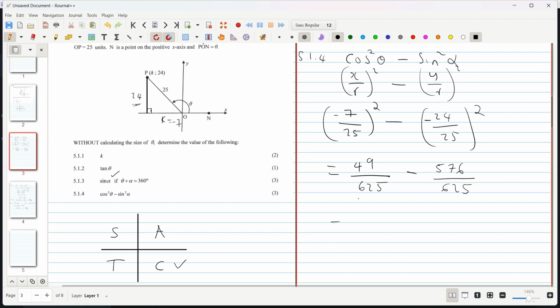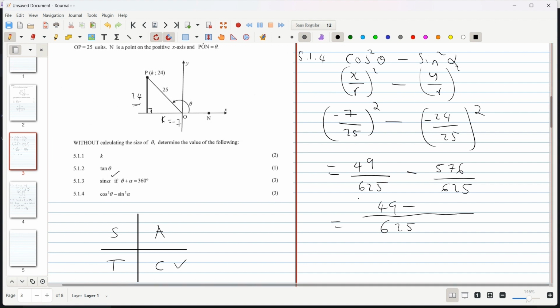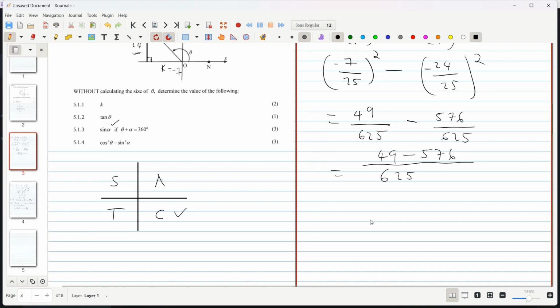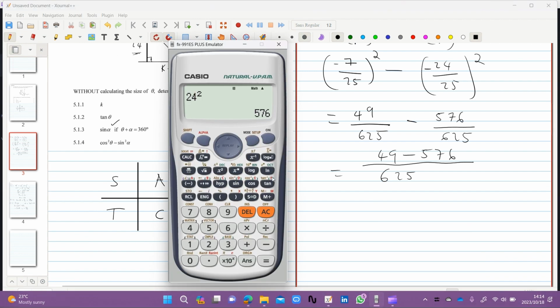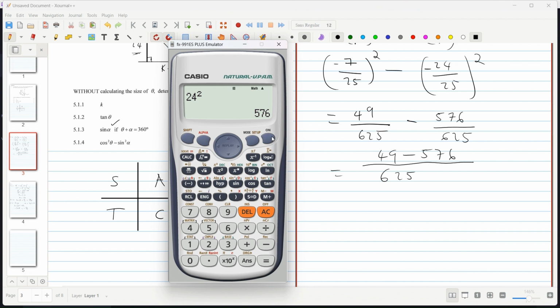So you know that if you have 625 here, you can just do 49 minus 576.